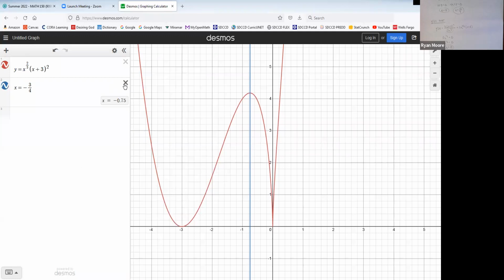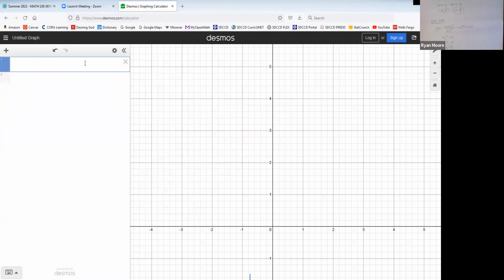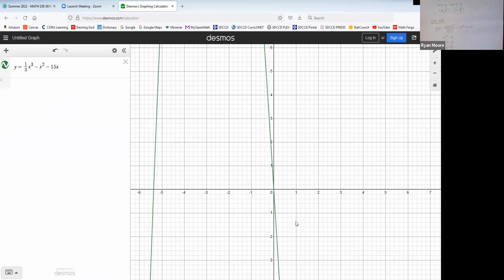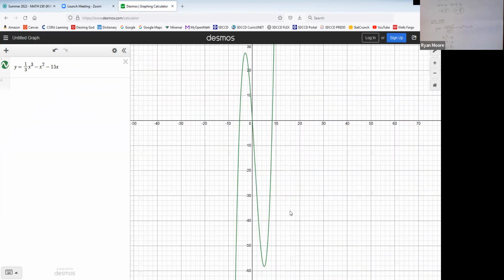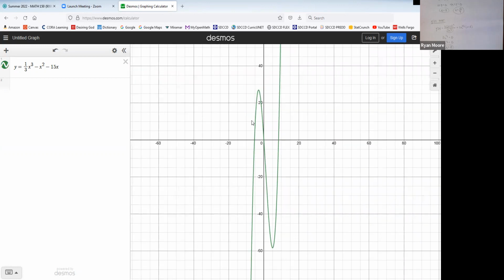Very nice. Hey, while we got this up, I'll graph the first one that we did, part A. X cubed minus x squared, graphing the original function, minus 15x. Okay, we might have to zoom out a little bit. All right, so it's kind of got this sort of polynomial shape, right? This wave.